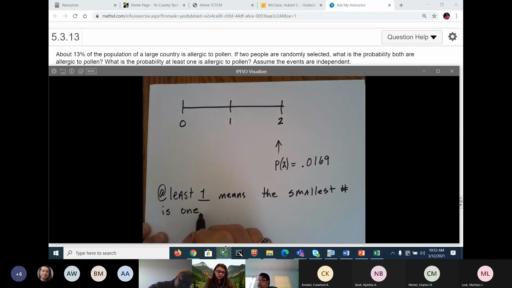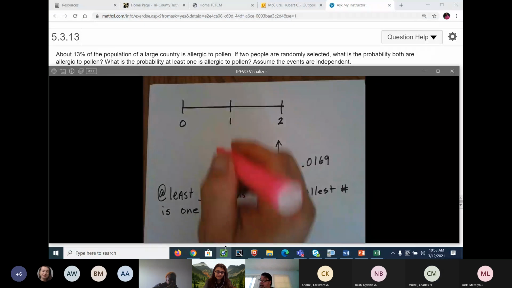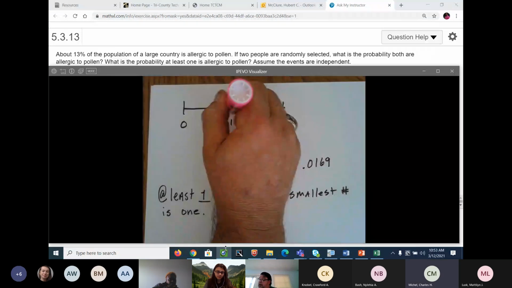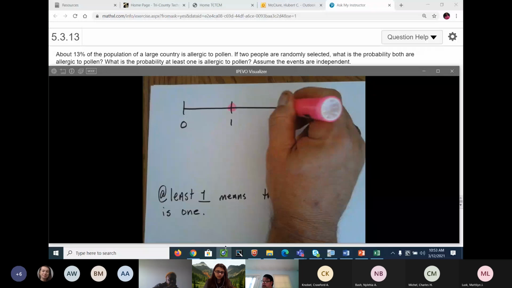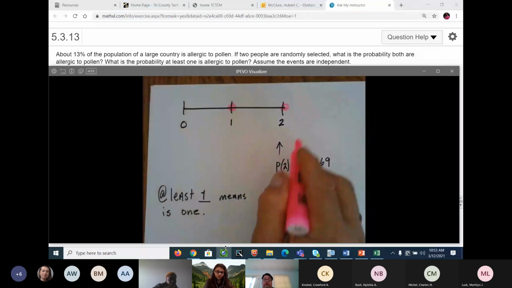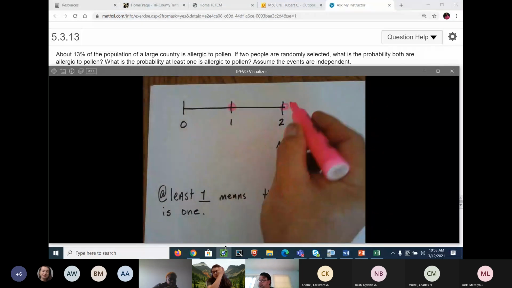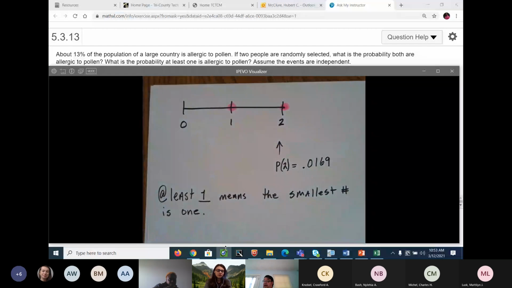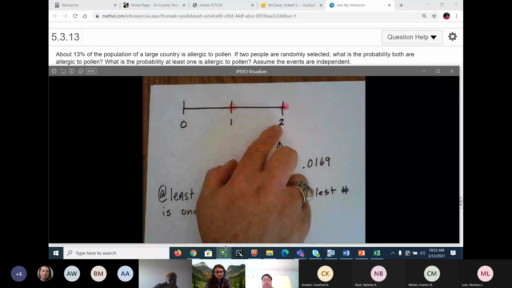So I want you to graph that. Now we're dealing with bodies, so there's no decimals here as far as people. So I'm going to highlight what? 1 and 2. Because at least 1 in this question means 1 and 2. So I've got to do something with the probability of 1 and the probability of 2.